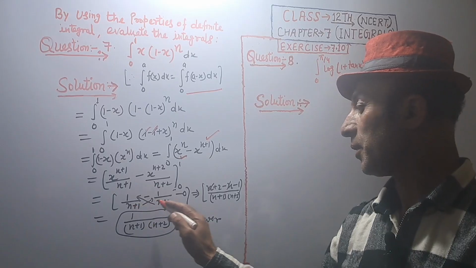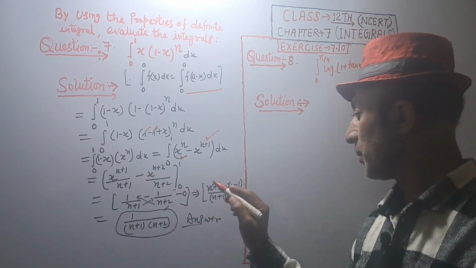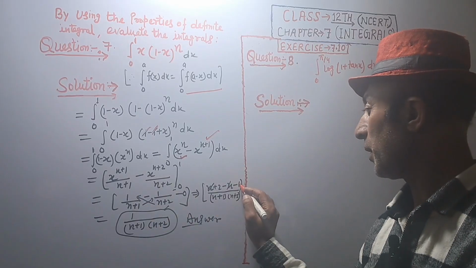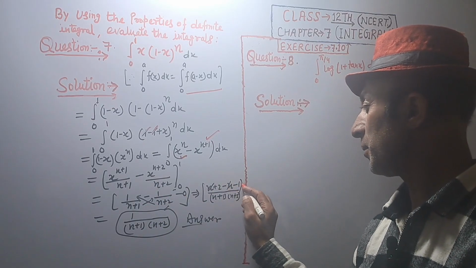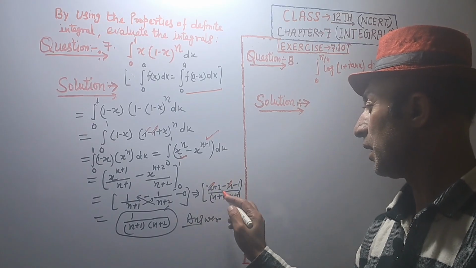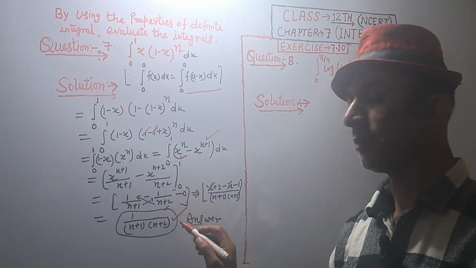LCM is (n plus 1)(n plus 2): (n plus 2) multiplied by 1 minus (n plus 1) multiplied by 1, minus 0. That is n plus 2 minus n minus 1. N is cancelled, 2 minus 1, that is equal to 1 upon (n plus 1)(n plus 2).